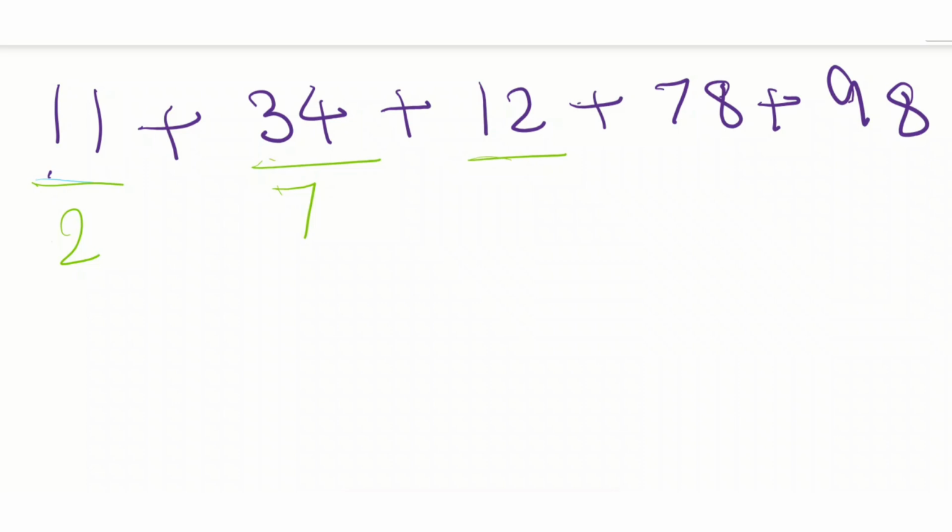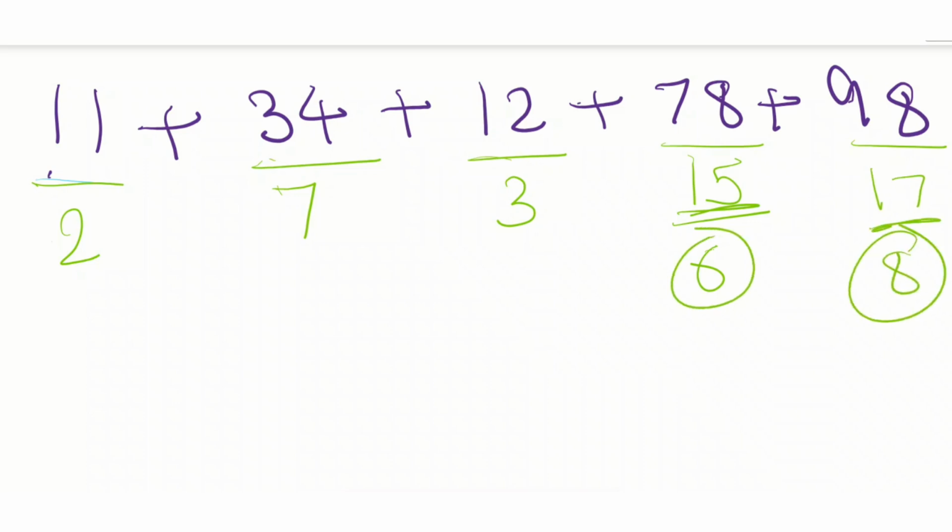The navshesh of 12 is 2 plus 1, that is 3. The navshesh of 78 is 7 plus 8, which gives us 15. Then for 15, the navshesh is 5 plus 1, that is 6. Then for 98, it's going to be 9 plus 8, that is 17. And then 17 gives 7 plus 1, that is 8.